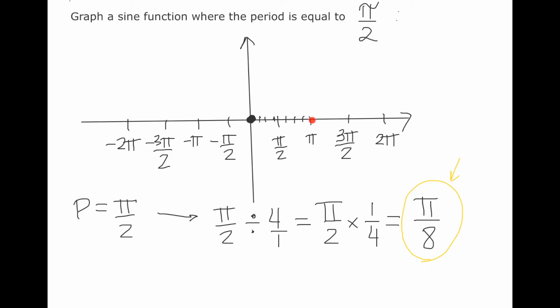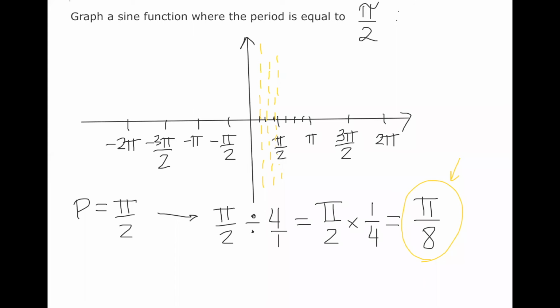So let's start graphing. This means that I'm going to have a critical point over here, another one over here, another one over here. You can see that my graph's going to look terrible, but I'm going to try to graph it anyways.